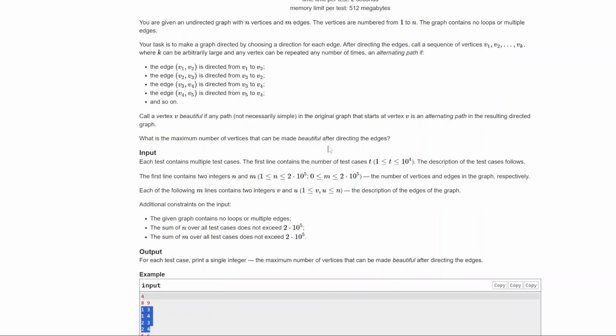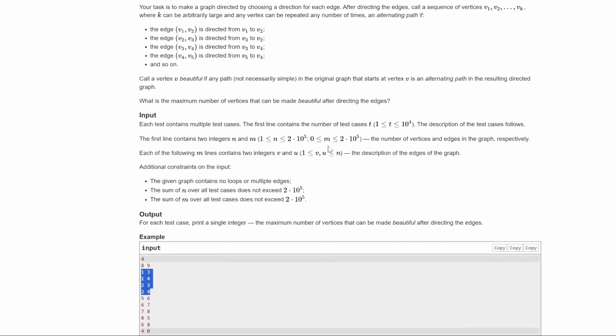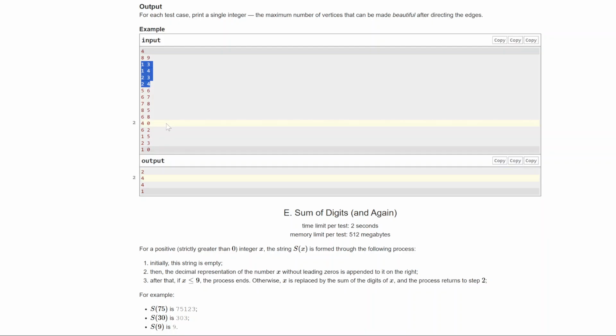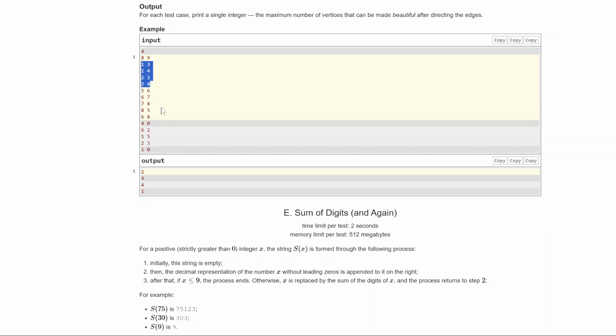Now I am strongly feeling that it should be a bipartite graph. For each component we have to calculate that, and if we can make the graph bipartite, then half of the nodes will be like that. Like in the second case, if I make it like that, we don't have any alternating path. So yeah, this is a bipartite graph question.